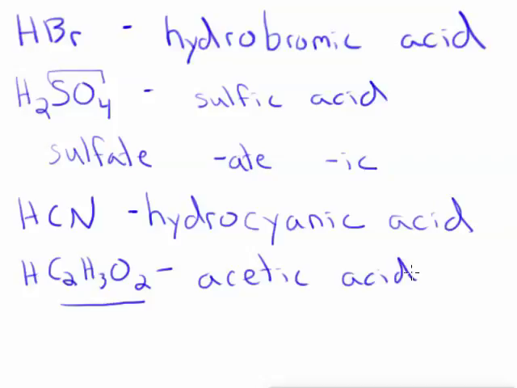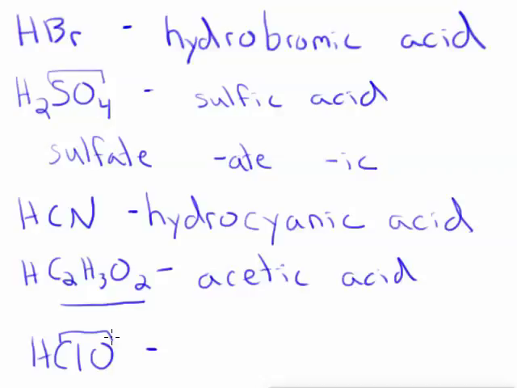One more example is HClO. There's an oxygen, so we know that's a polyatomic ion, and we're not going to start with hydro. This polyatomic ion is called hypochlorite.